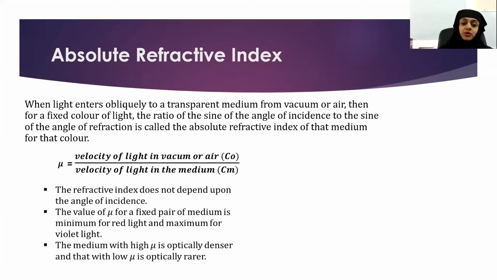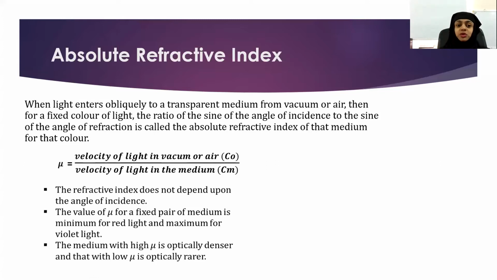So you have to write that as a velocity of light in vacuum or air, because light is coming from air and going to a medium, divided by velocity of light in that medium. So air is the first medium, and water, glass, or any other transparent medium is the second medium.